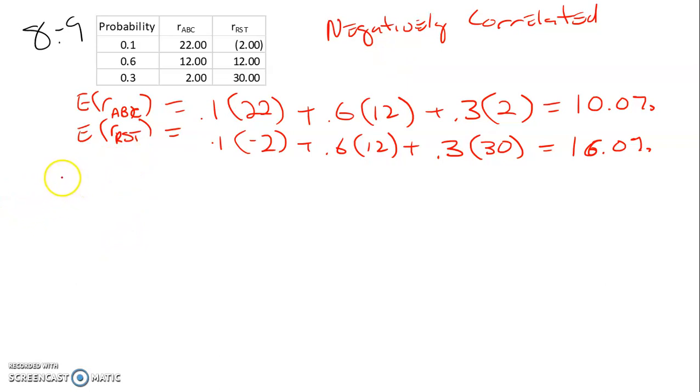So we'll calculate the variance for ABC, sigma squared ABC.